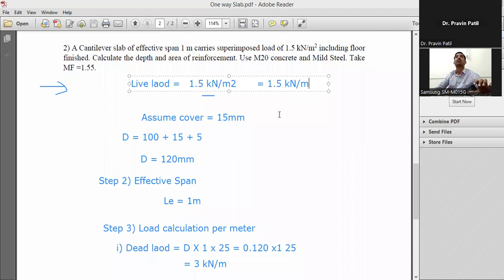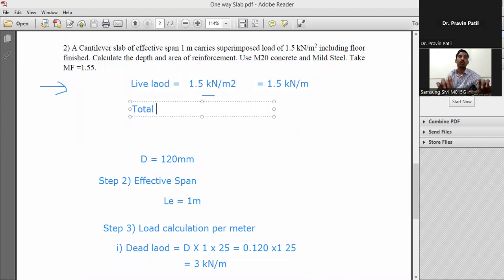So total load on slab, W, is equal to dead load plus live load. The live load is given including floor finish. That means 3 plus 1.5, so it will be 4.5 kilonewton per meter.